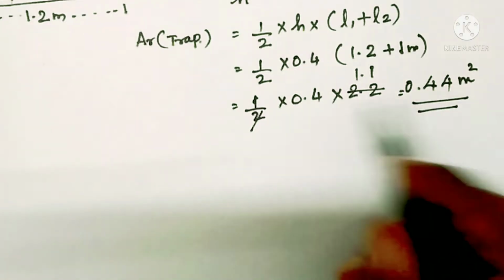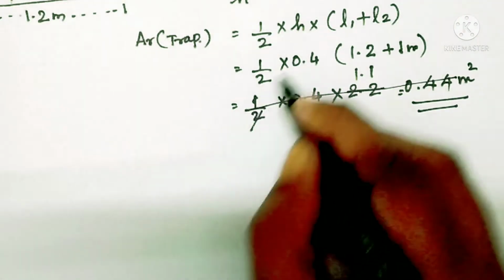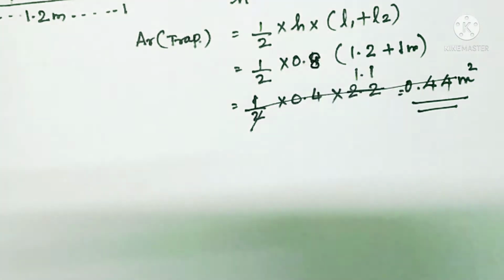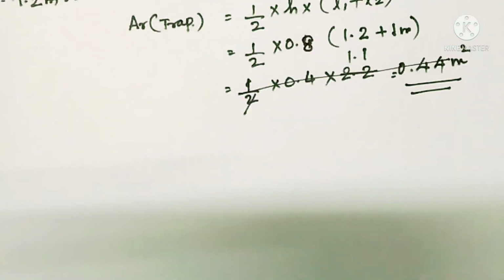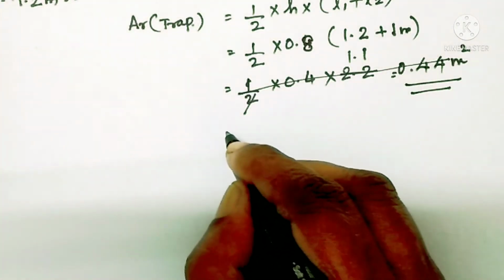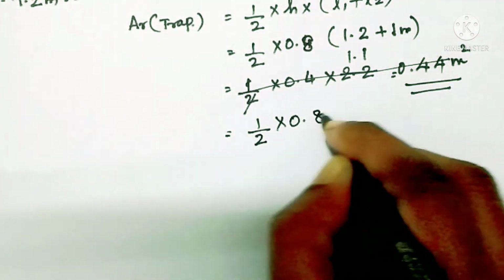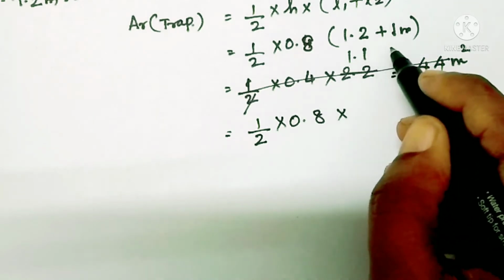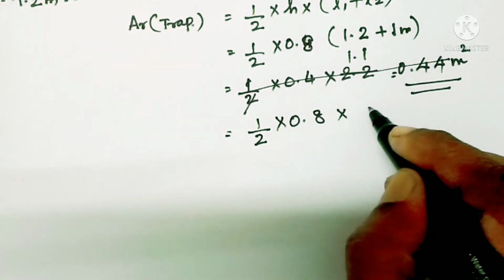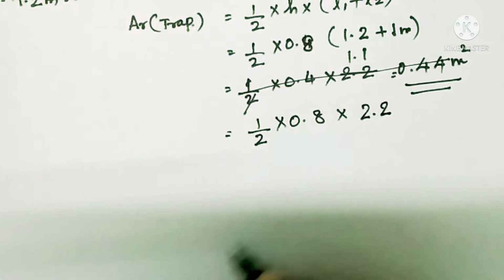So here h is 0.8 meter. So area is half into 0.8 into 1.2 plus 1, that is 2.2.